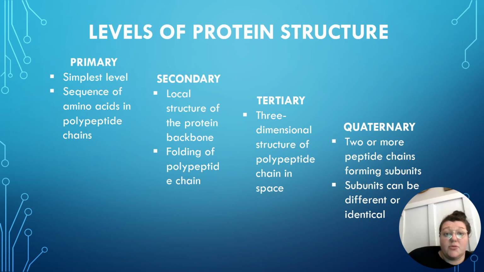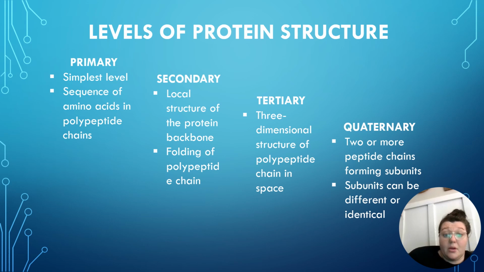Next, we have our levels of protein structure. So there's 4 levels. At the primary level, obviously this is your simplest level. It's a sequence of amino acids in a polypeptide chain. With your secondary level, this is your local structure of the protein backbone, and folding of a polypeptide chain happens here.